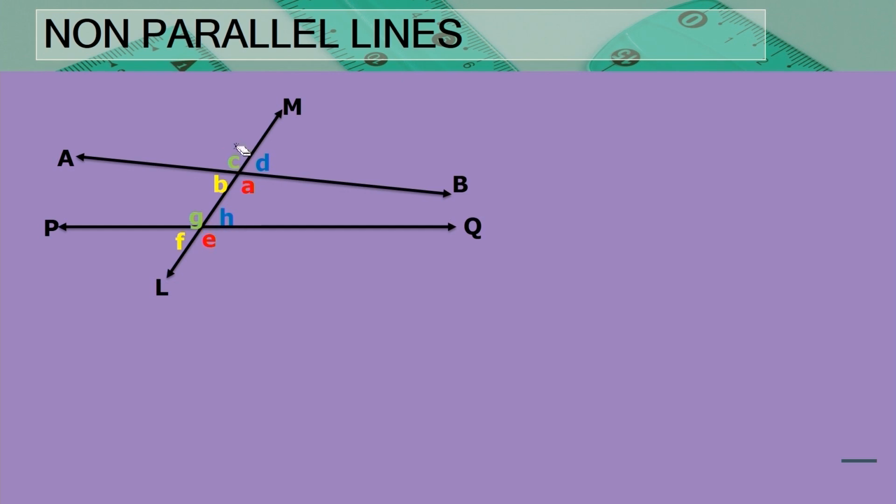So what about the co-interior angles? Remember, co-interior angles are on the same side of the transversal and between the two lines that are being cut. And when we're looking at the co-exterior angles, they are on the same side of the transversal, but on the outside of the lines that are being cut.